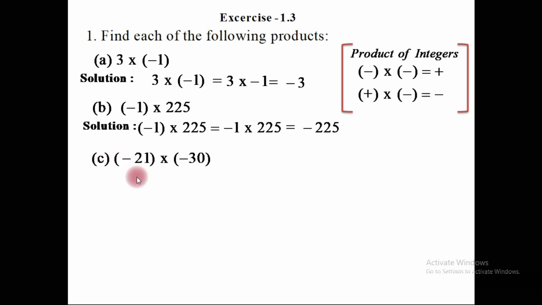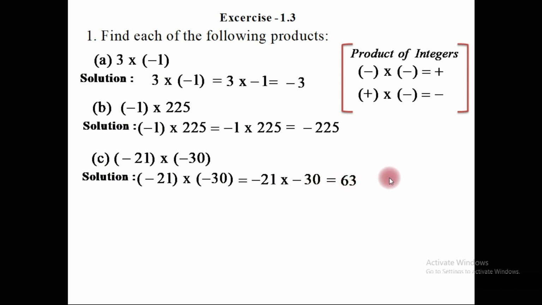Sub number C, minus 21 multiplied with minus 30. When a negative number minus 21 is multiplied with minus 30, minus and minus multiply becomes plus. 21 into 30 is 630, plus 630.